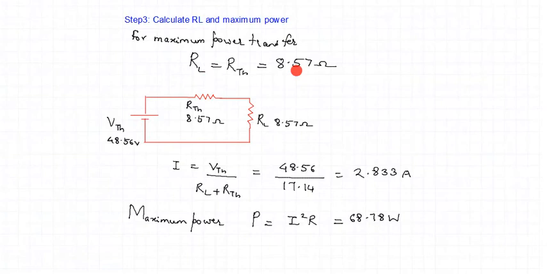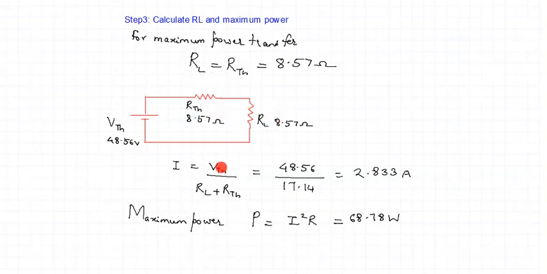Representing the entire circuit by a single voltage source and a single resistance, the circuit is as shown here. The current through the load resistance is found by using Ohm's law, which is V by R. R is the total resistance of the network, which is the series combination of these two, so VTH divided by RL plus RTH.